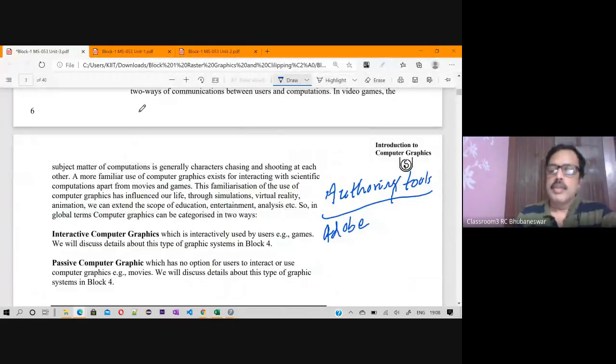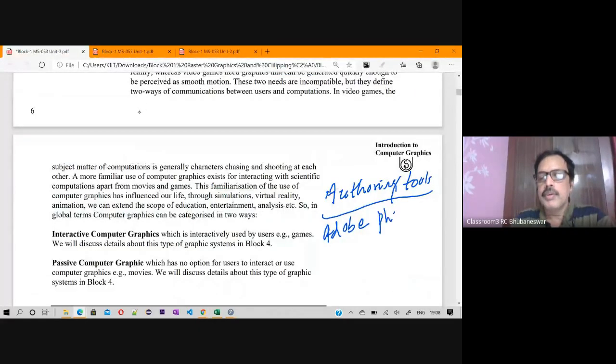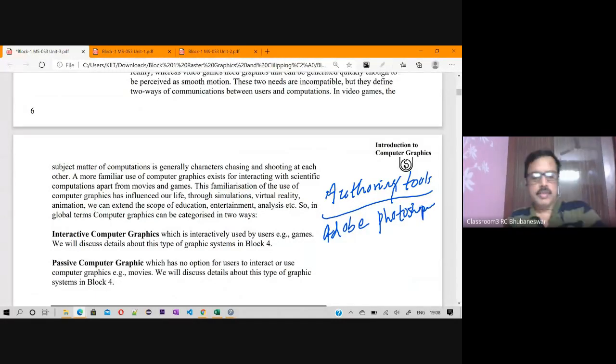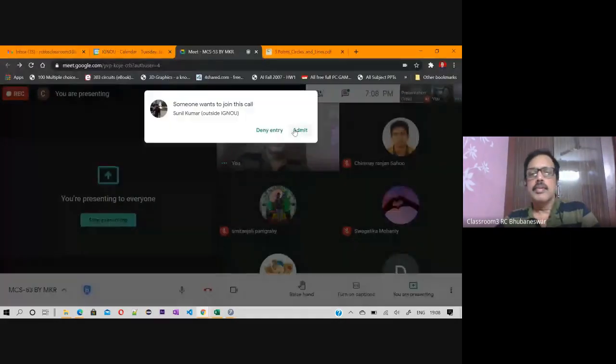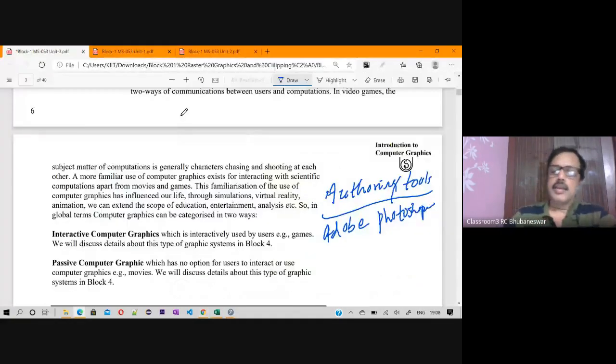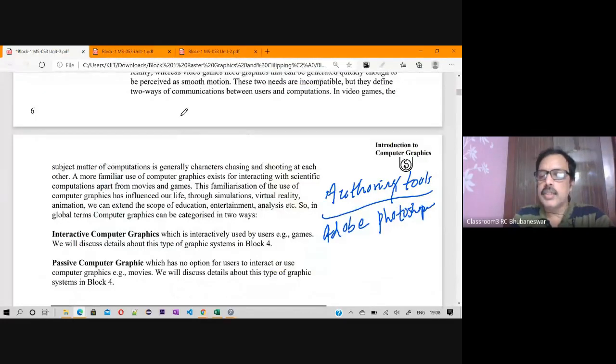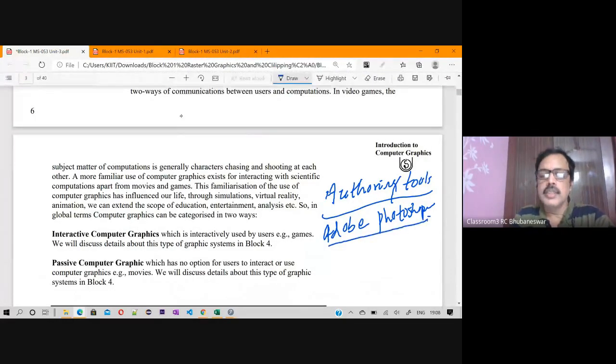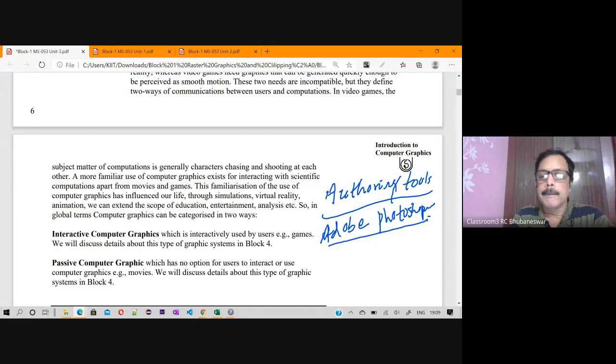Some of them are like Adobe Photoshop. Have you heard of Photoshop? Any other painting tools like Adobe Photoshop? Anyone? Like we have MS Paint.